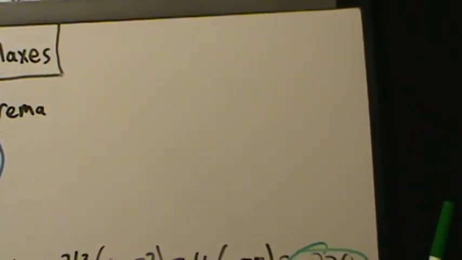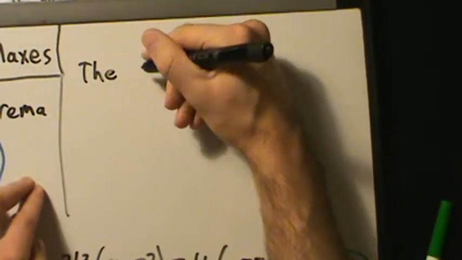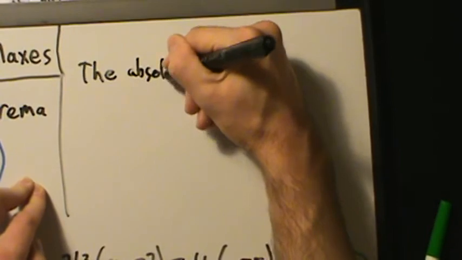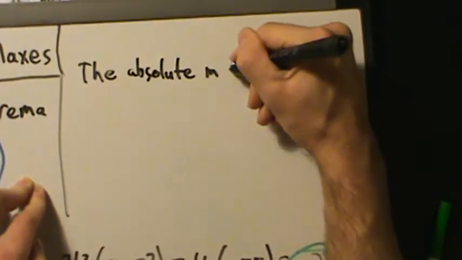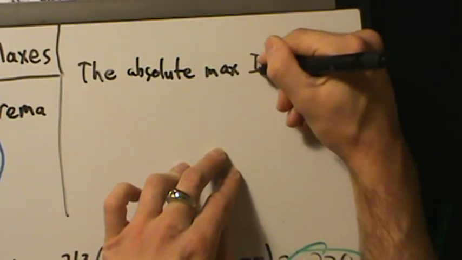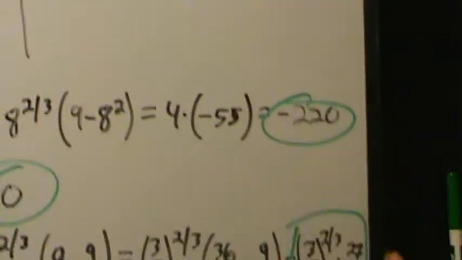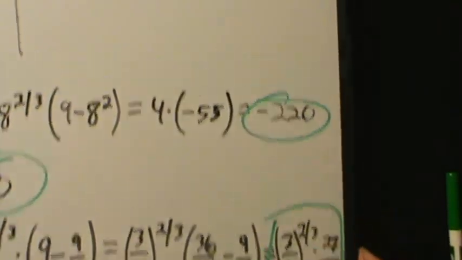So the absolute max is, we'll say y equals, so what was that again? 3 halves to the 2/3 times 27 over 4.